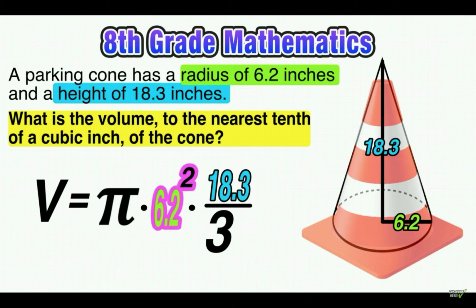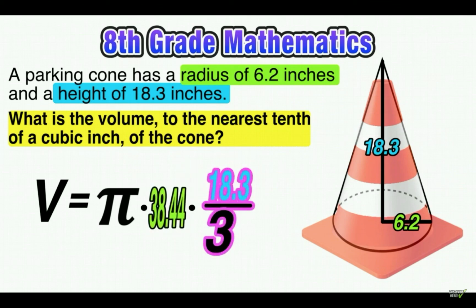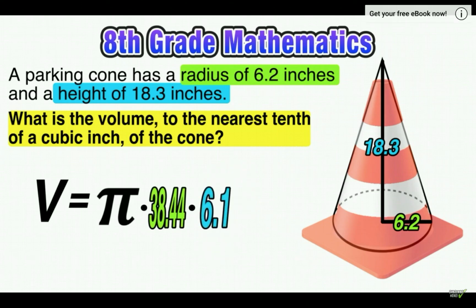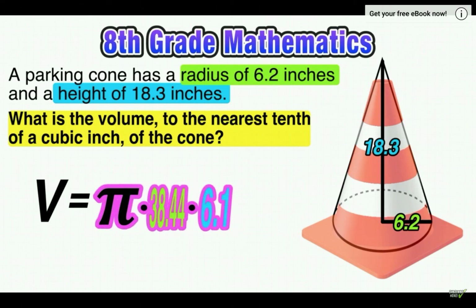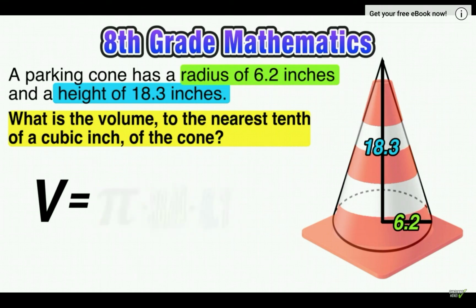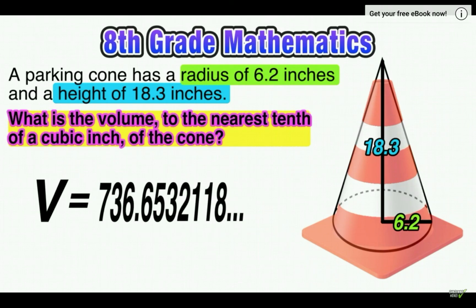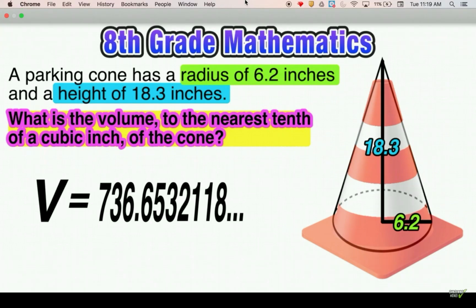Now 6.2 squared is equal to 38.44. 18.3 divided by 3 is just 6.1, and our final product is going to be 736 with a long never-ending decimal. It's an irrational number. And remember that we wanted to express the volume to the nearest tenth of a cubic inch, so we have to round our answer here.